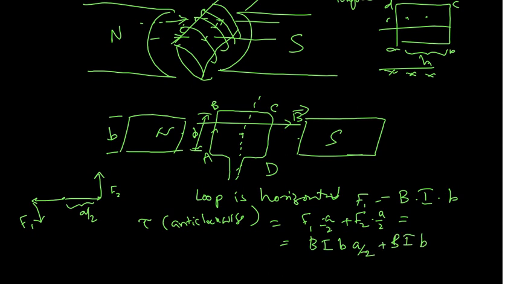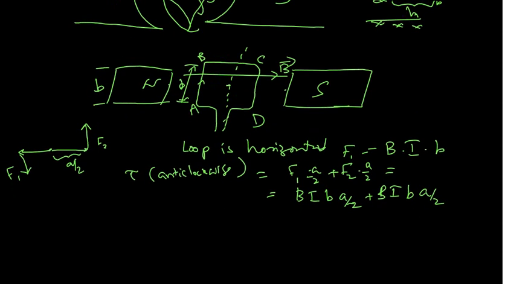So this gives totally tau equals BI ab. ab is nothing but, if this is b, this is a, the area of the rectangle. So that's what is called the area A of the rectangle.